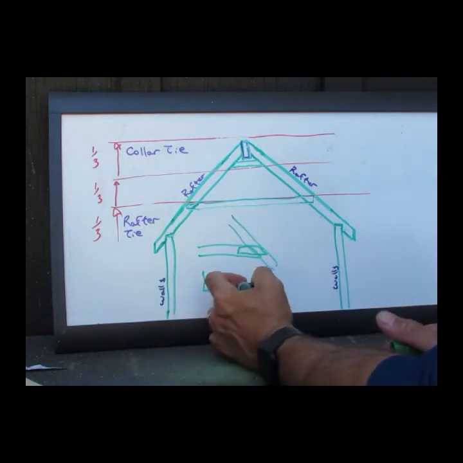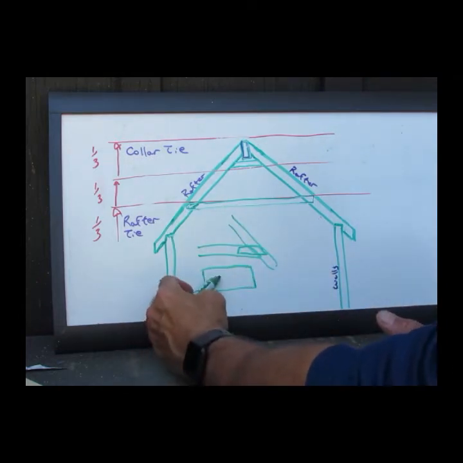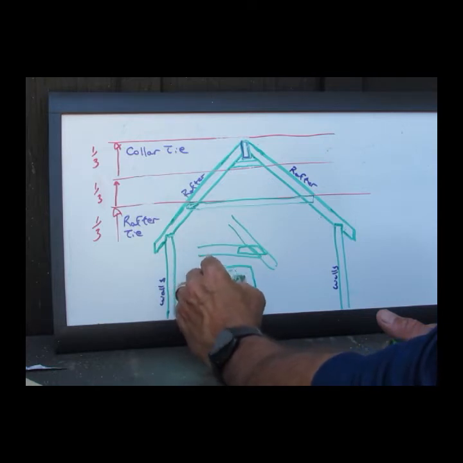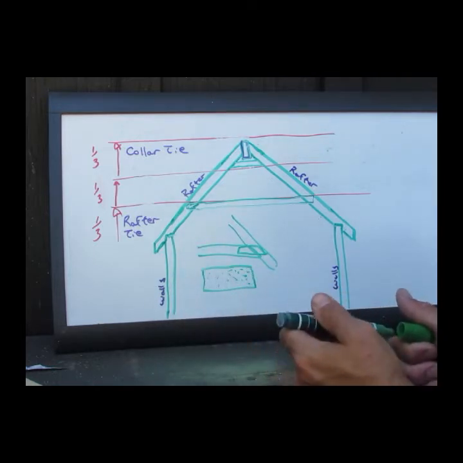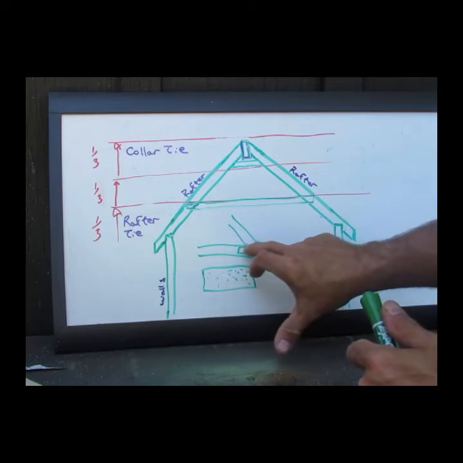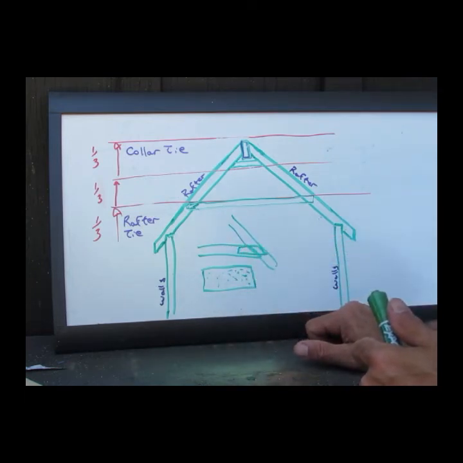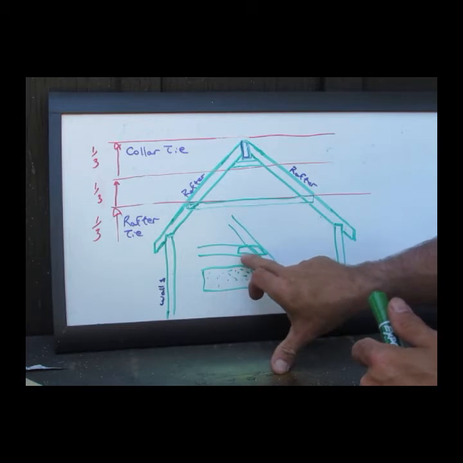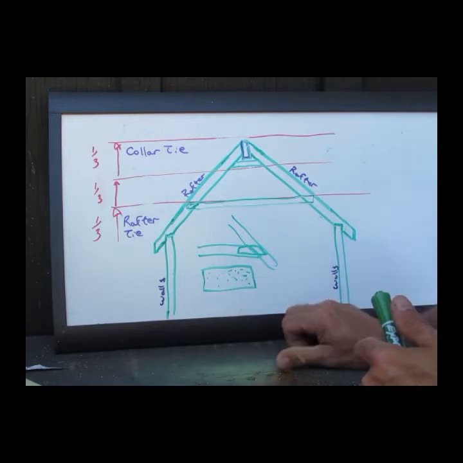Now a gusset is a rectangular piece of metal with a bunch of holes in it. I'll show you a picture on the right hand side of what a gusset is. That metal piece of material that spans across this joint would be nailed in place and would serve as a reinforcement for that joint.